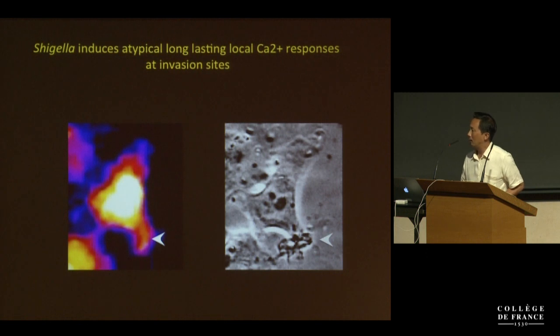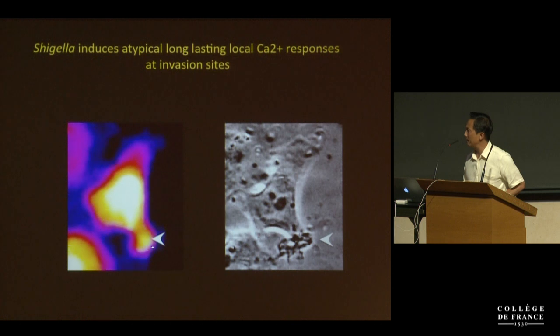More recently, we went into looking at the local calcium response. And what I'm showing here is just very fast imaging of calcium. This is one acquisition every 30 milliseconds. And this is the same field, but with phase contrast, where we can clearly see the entry site where the bacteria enters the cell.